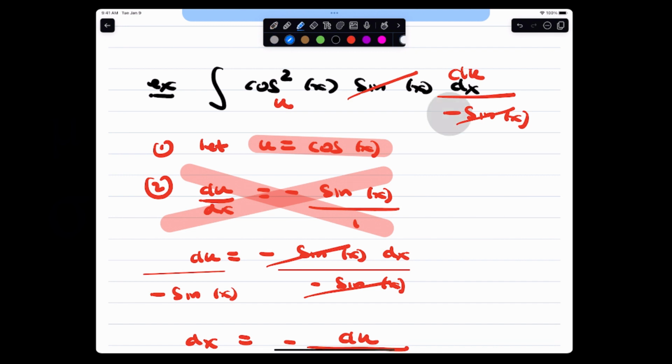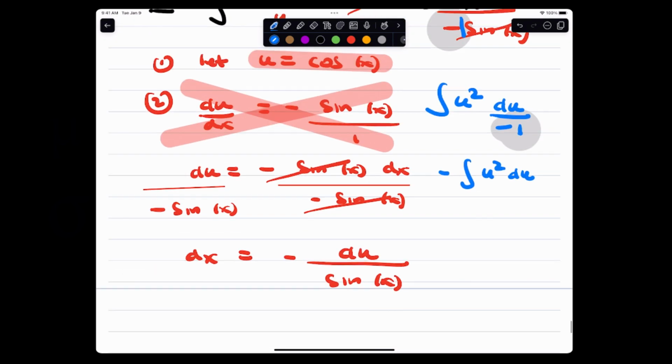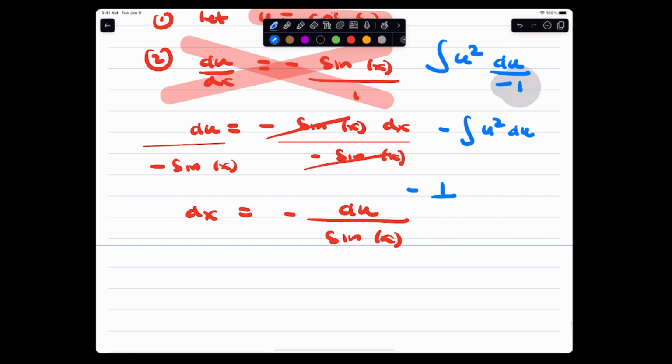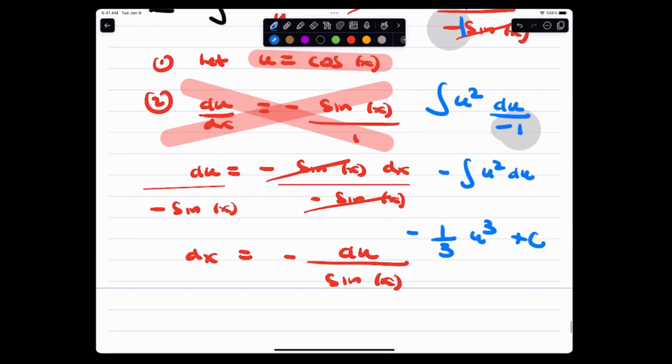So this is going to be u squared du over that negative 1. Is that true? Because you have that negative 1 there, that constant. So just pull out the negative 1, which really means you got negative u squared du, which will give you negative what? 1/3 u cubed plus c.